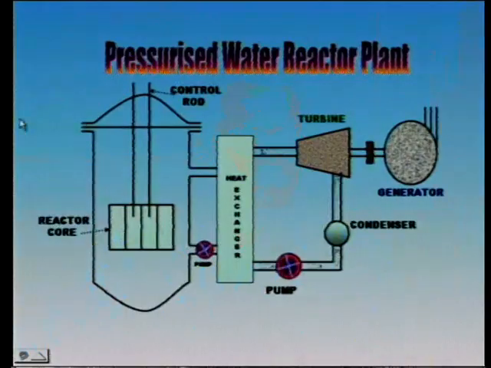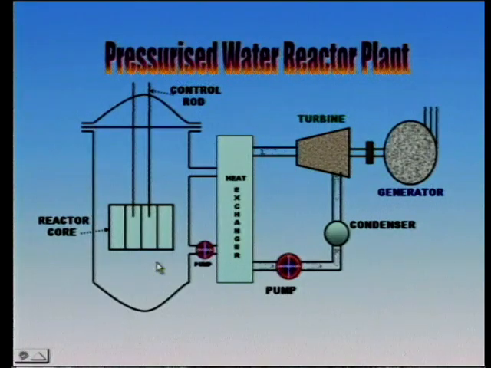So, the water is not allowed to boil, isn't it? The water carries away the heat and it passes and goes into the heat exchanger. So, not enough time is given for the water to get converted into steam. So, the process continues. That is why we are saying it is a pressurized water reactor plant.